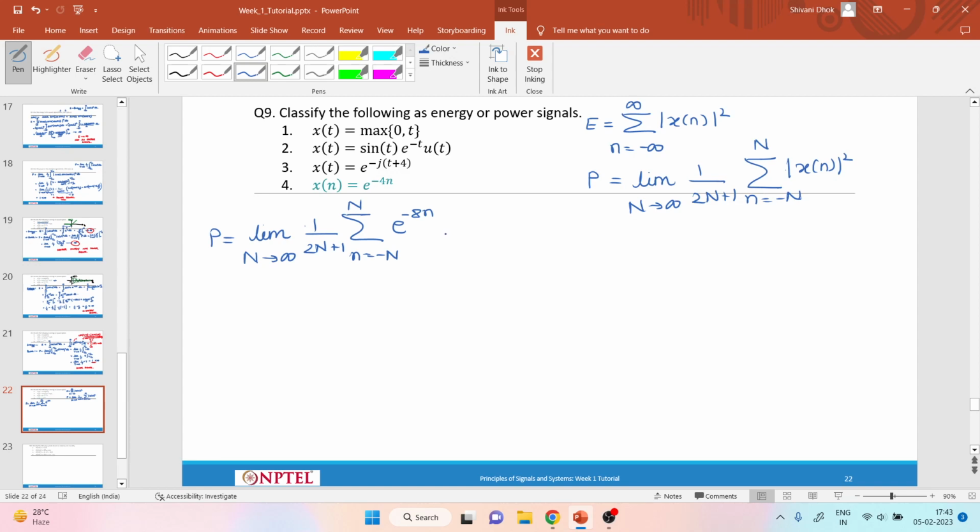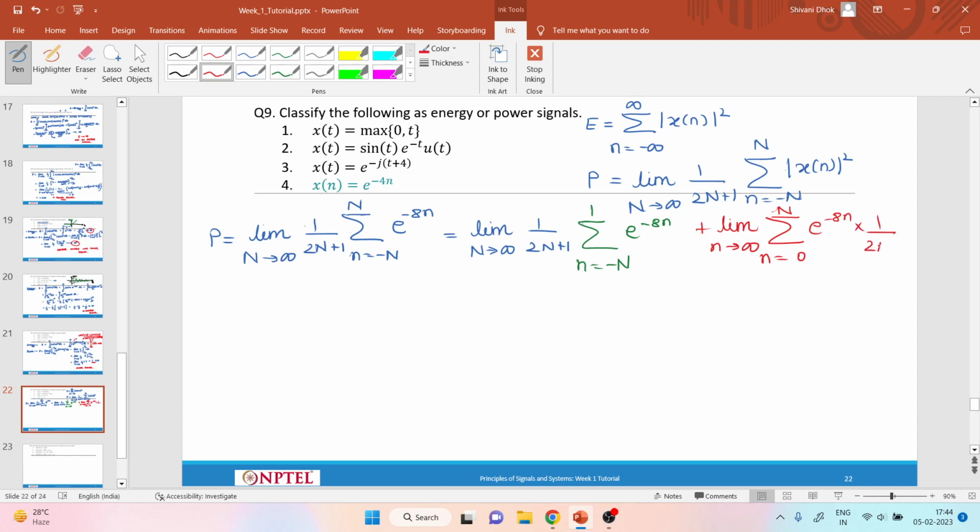Now I can split it into two summations: limit n tending to infinity 1 by 2n plus 1 summation, first one from n equal to minus n to minus 1 e power minus 8n, and the second one limit n tending to infinity summation n equal to 0 to n e power minus 8n, multiplied by 1 by 2n plus 1.